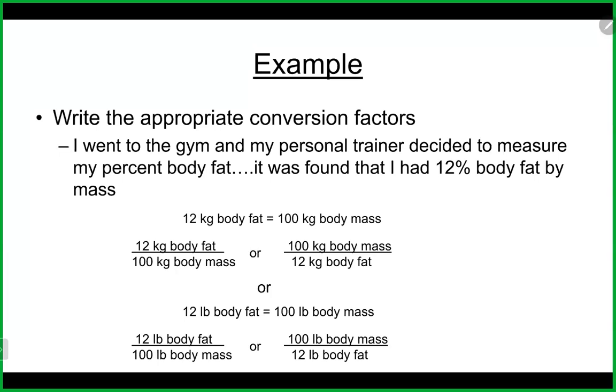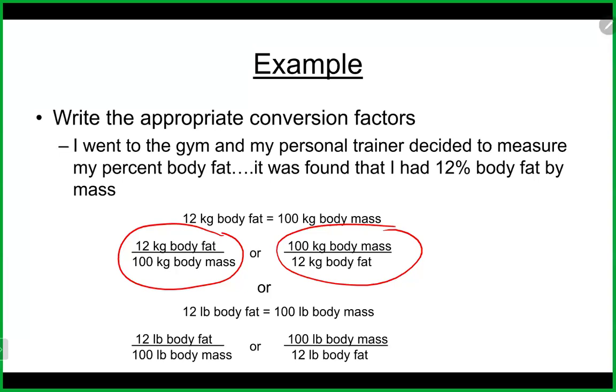So for example, here, if we had something that was 12% body fat by mass. That basically means there are 12 kilograms of body fat in 100 kilograms of body mass. In case you're metric, that would give us two conversion factors: 12 kilograms over 100 kilograms of body mass, or 100 kilograms of body mass over 12 kilograms.